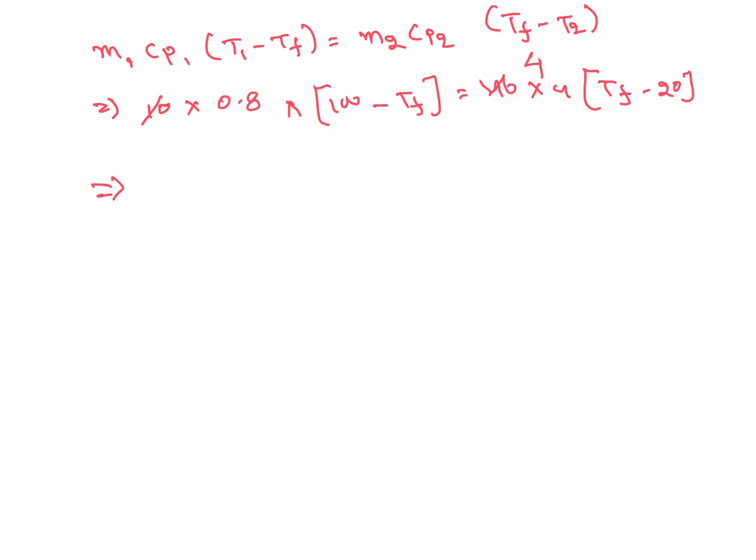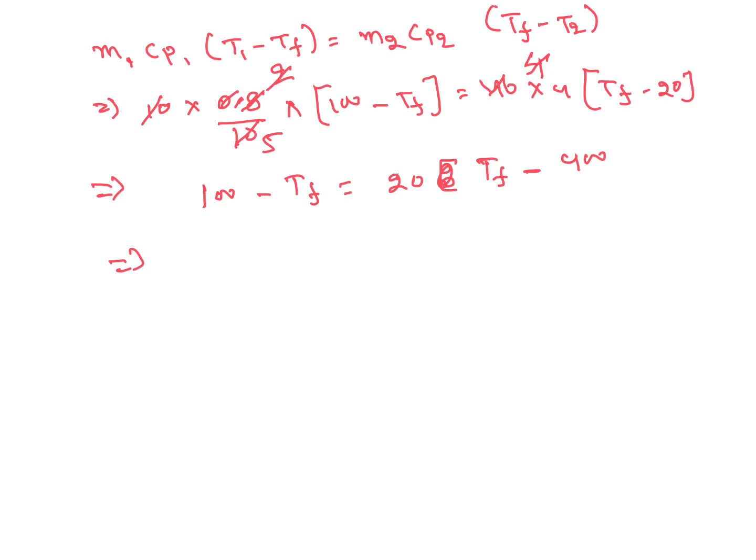Here you take it as 8 by 10. Then 4 8 is 2. Here it's 5. So we will get 100 minus Tf equal to 25 into 4 is 20. 20 directly we can write 20 Tf minus 20 into 20 is 400.